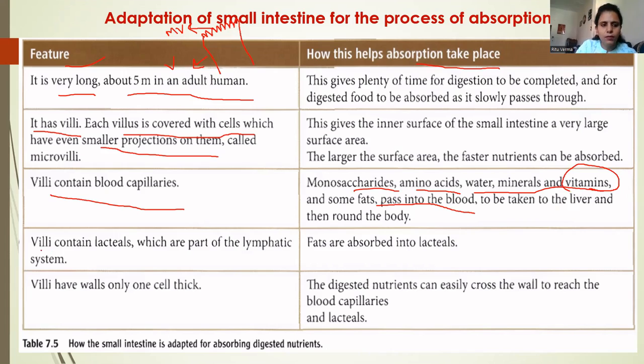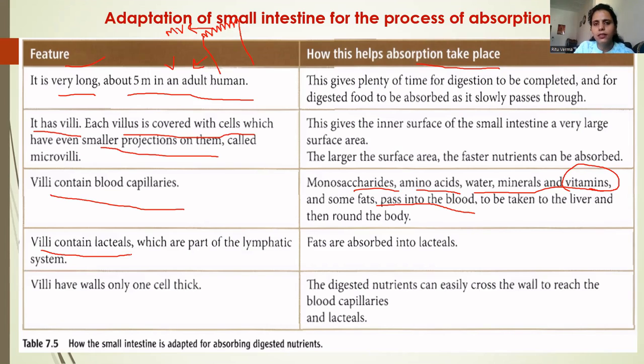Next adaptation is that villi contain lacteals. Now lacteals are again vessels like blood vessels, and these form part of the lymphatic system. About this you're going to learn in unit 9, human transportation system. The importance of lacteals in villi is that we consume a large amount of fat in our diet.